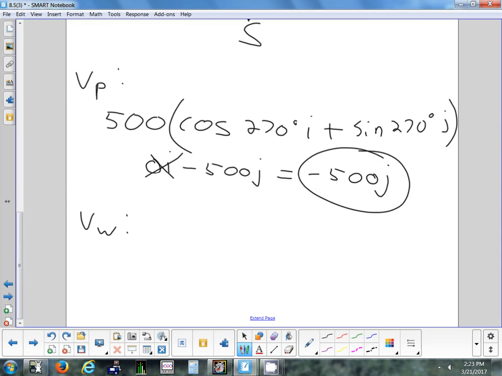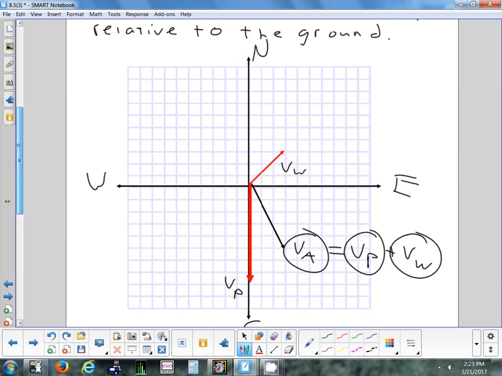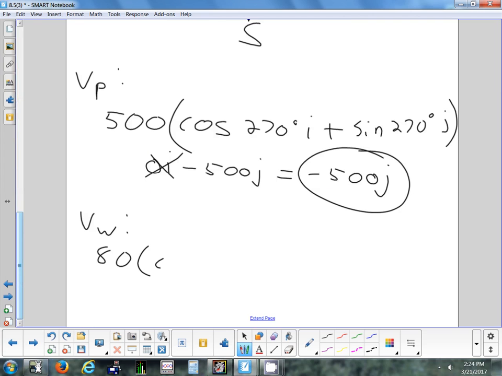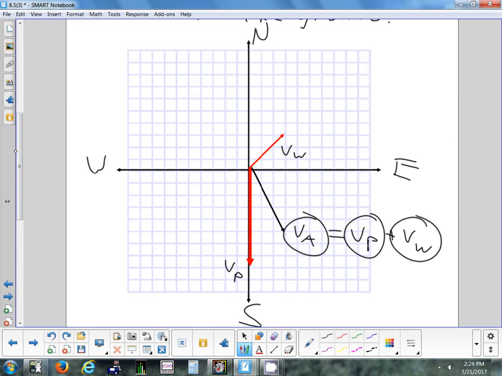Okay, so now the velocity vector for the wind. How fast is the wind blowing? 80. Cosine. Now I need my angle. Now, the wind is blowing exactly north and east, so it's making a perfect 45-degree angle.